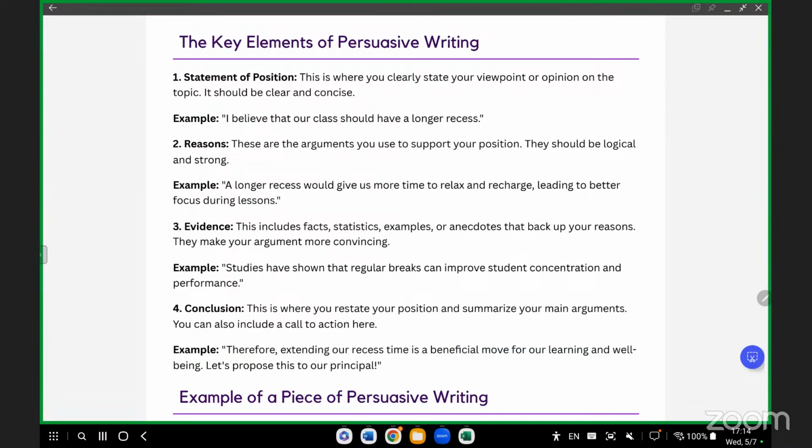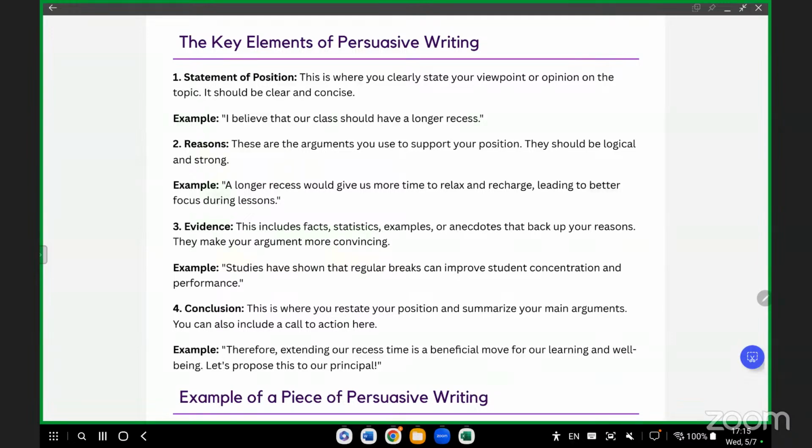So not just something like, oh, because I want it. It needs to be a logical reason that the reader will look at and go, I agree with that. And an example of a reason would be a longer recess would give us more time to relax and recharge, leading to better focus during lessons.